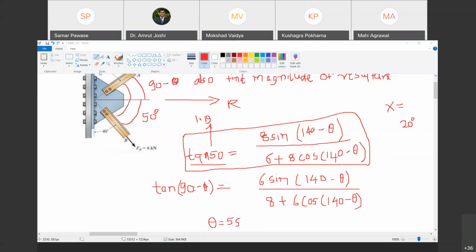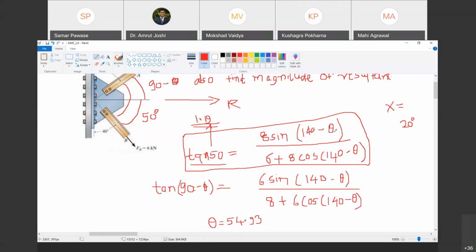54.93. So just do one thing. Substitute theta equal to 54.93 here and calculate RHS. Tell me whether it is 1.19 or not. If it is, then that answer is correct. 54.93, right? Sir, I'm doing.